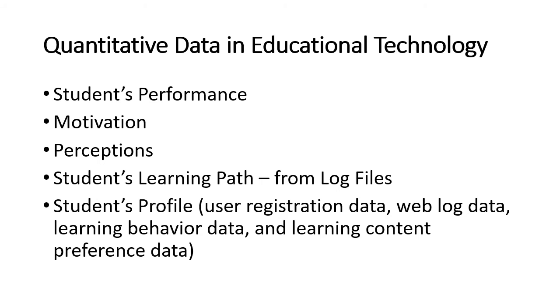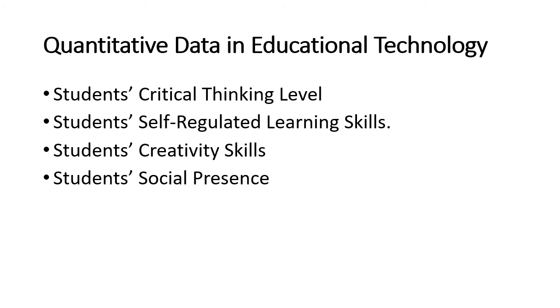And students' profile, like user registration data, web log data, learning behavior data, and learning content preference data. Besides that, quantitative data also can be found if researchers look into students' critical thinking level, students' self-regulated learning skills, students' creativity skills, and also students' social presence.